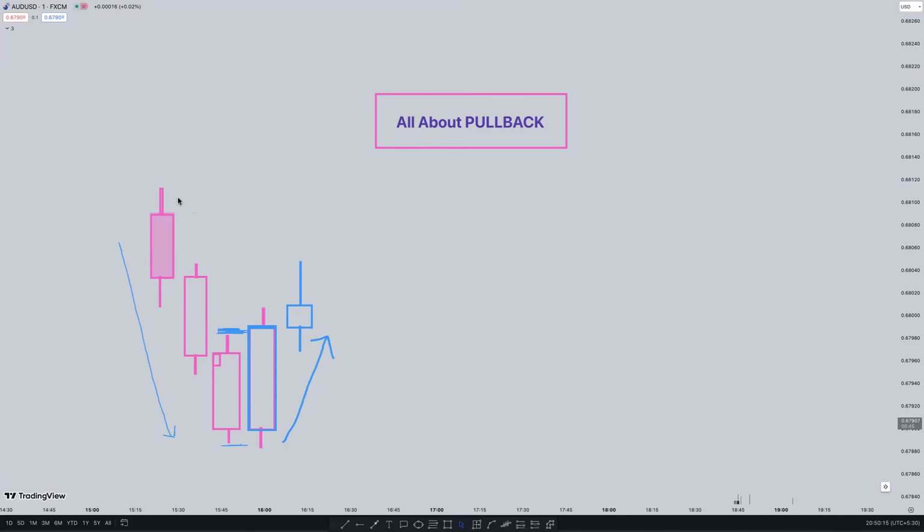And let me show you a few more examples to understand this. Let's suppose this is one more candlestick formation here. And after that, what happened here? This is the previous candle's higher low, and the market momentum is bearish.